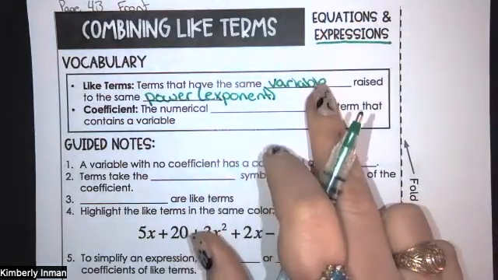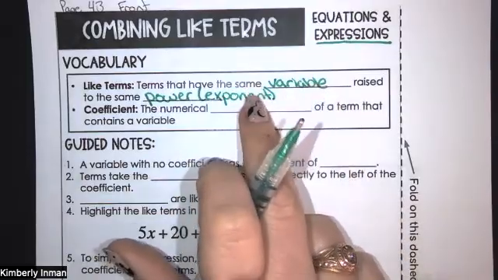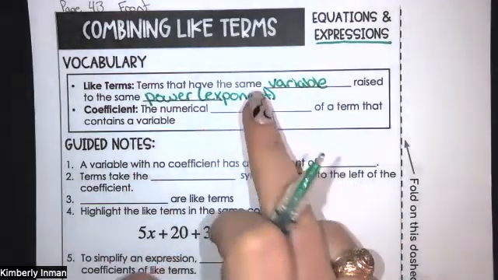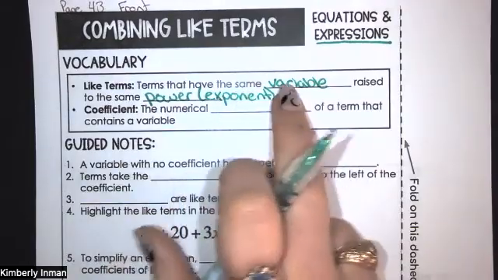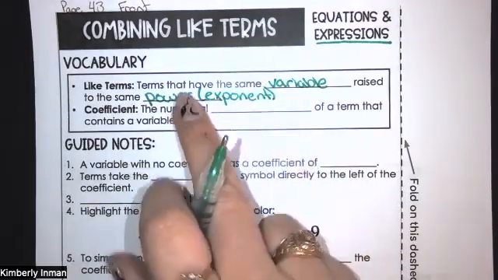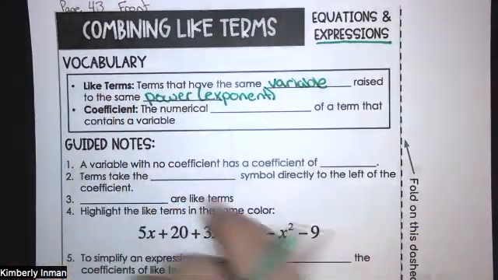So basically things that have the same letter and the same hat, the same tiny number. You can have the same letter but a different hat, a different exponent, and it'll be a different type of term. They will no longer be like terms.